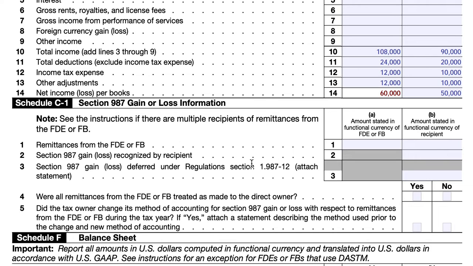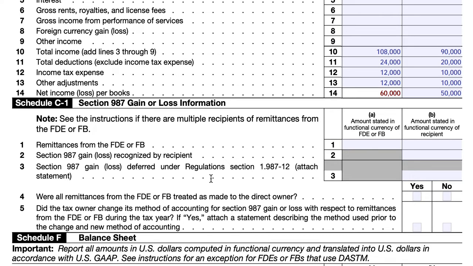So you would have to complete a separate Schedule C1 if an owner has multiple QBUs that are being reported. You would have to have a separate Schedule C1 for each person on file. However, if the person that's filing knows that the owner of a QBU has the same functional currency as the QBU, then the person filing the Form 8858 does not need to complete Schedule C1.